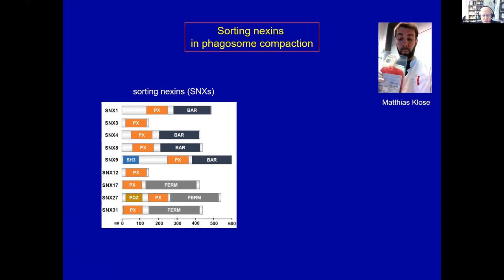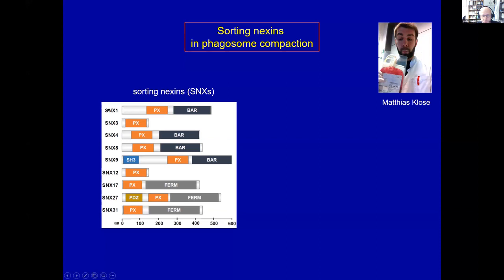And a family that is actually involved prominently in membrane tubulation are the so-called sorting nexins or SNXs. There are a couple of them. You can see it doesn't end with sorting nexin 31. But all of these sorting nexins have in common a so-called PX domain that binds to phospholipids that are present in membranous compartments.